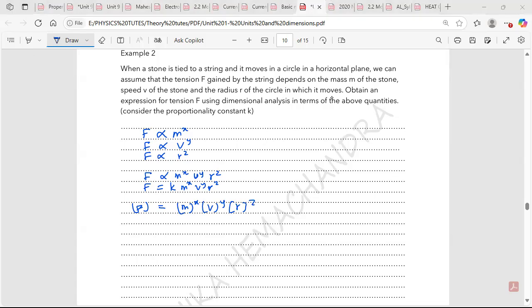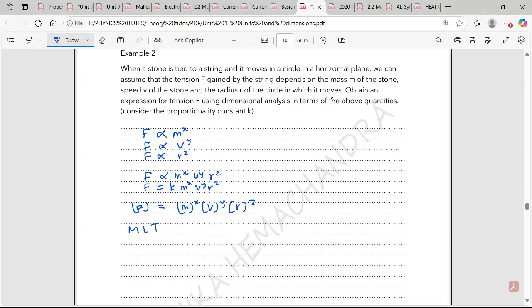So dimensions of F, force, is MLT minus 2, equals mass m to the power x, velocity LT minus 1 to the power y. Velocity is meters per second, that's LT minus 1. r is a length, so it's L to the power z. So here you get M to the power 1. Here you don't need to get zeros, as all three are there.